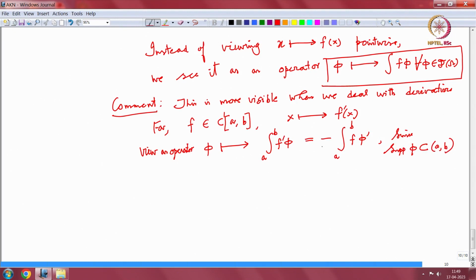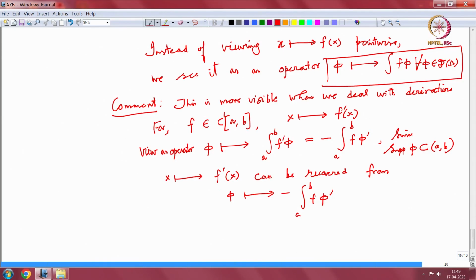So this integration by parts immediately tells you x going to f prime of x can be recovered from phi going to integral from a to b of f phi prime.